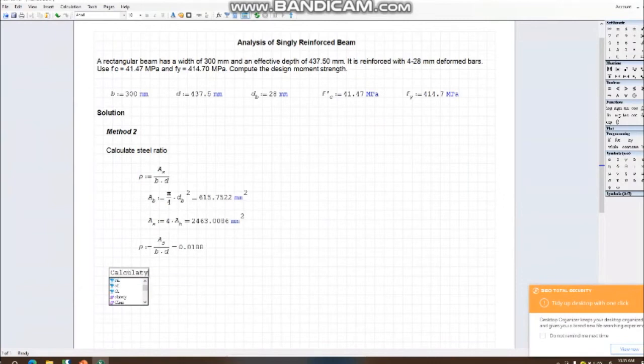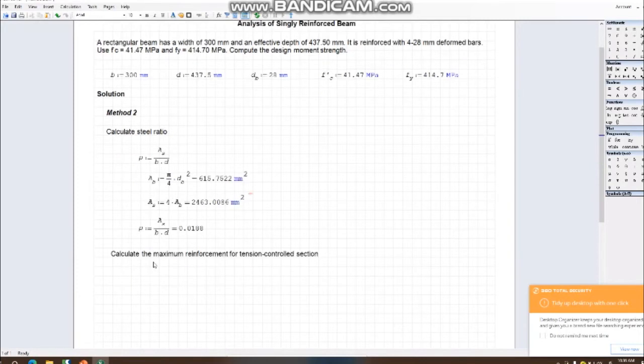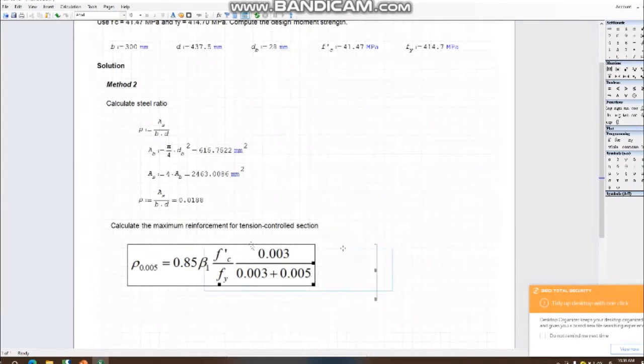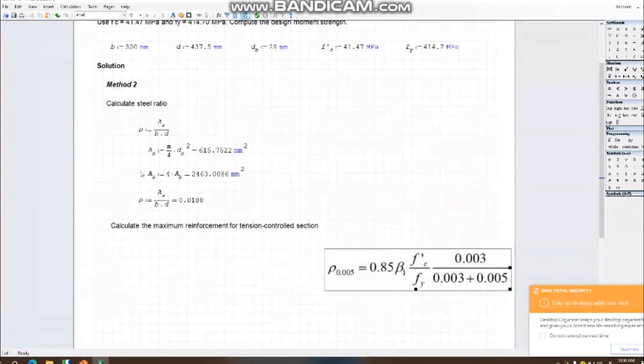So calculate the maximum reinforcement for tension control. And the formula for that is this one. Since our target is to verify whether this is tension controlled or not.